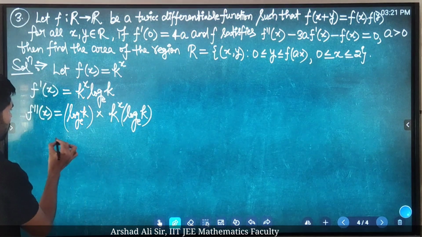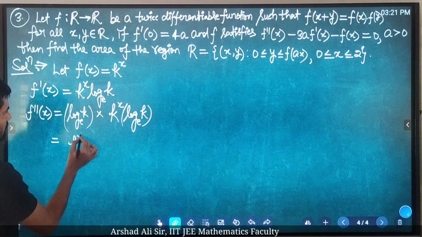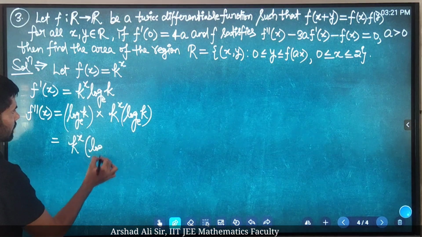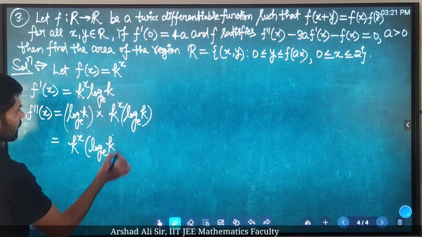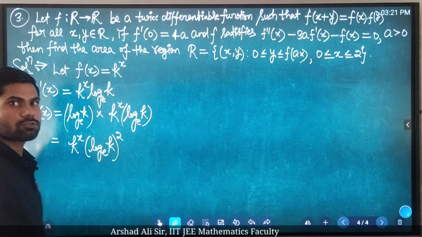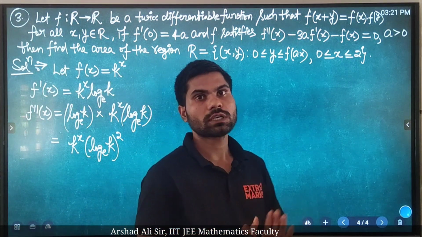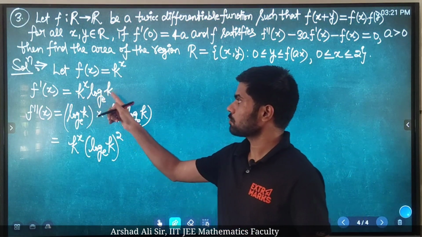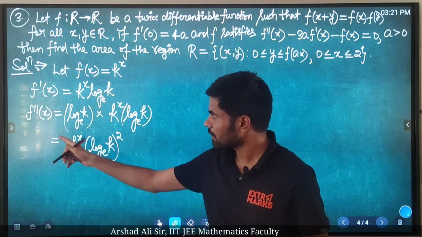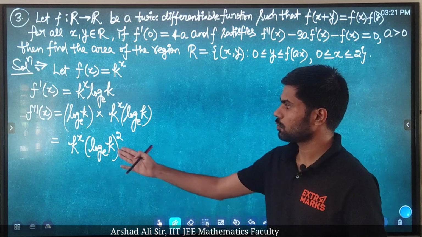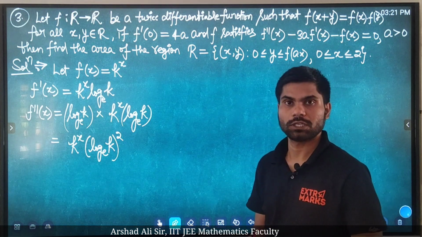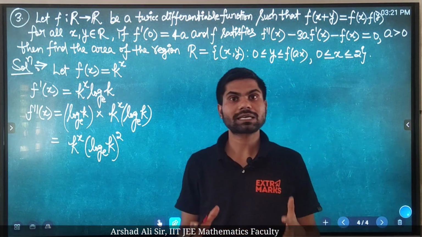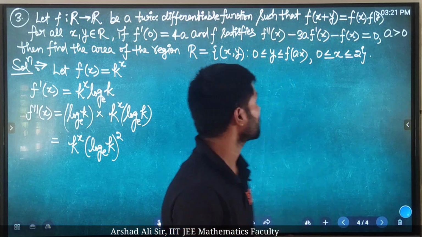Okay student, we can write it like that, k to the power x into logarithm e base k whole square. So dear students, now we got the derivatives: f dash x is equal to k to the power x logarithm e base k, and f double dash of x is k to the power x into logarithm e base k whole square. Okay, now think about the conditions we have been given in the question.